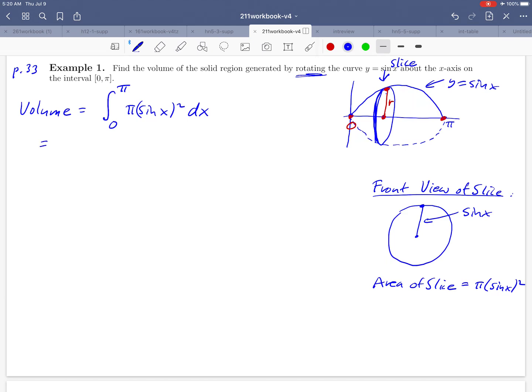The first thing you might notice is that this pi is a constant, so we can pull that out. Then what we have to integrate is the function sine squared of x. That's not a particularly pleasant function to integrate, so here I'm going to recommend going to the integral tables. You'll find a formula that matches this very nicely.